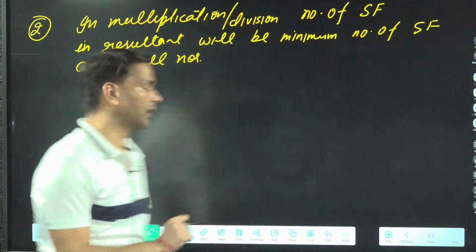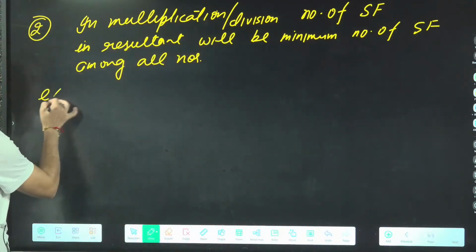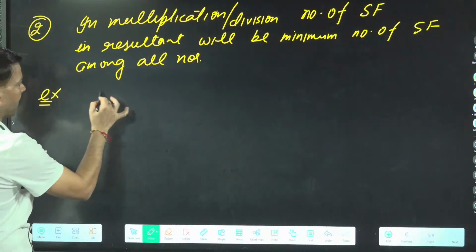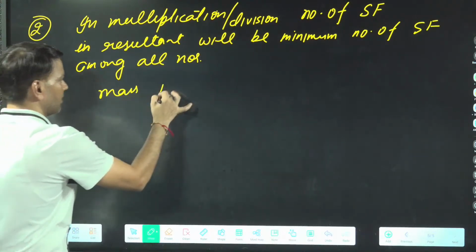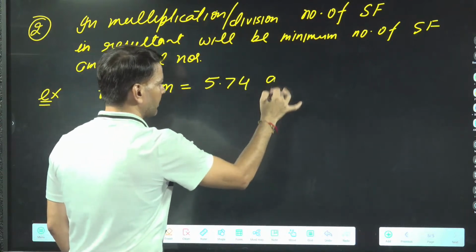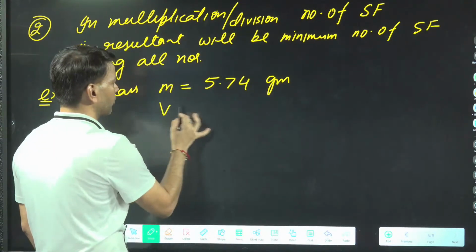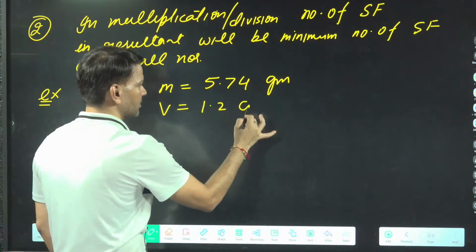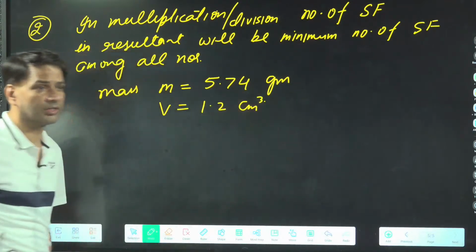Understood? So like one example, suppose I am saying the mass of the body is equal to 5.74 gram and the volume of the body is 1.2 centimeter cube.